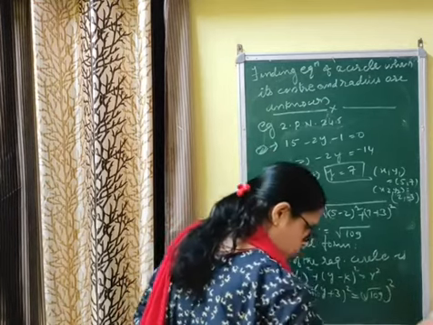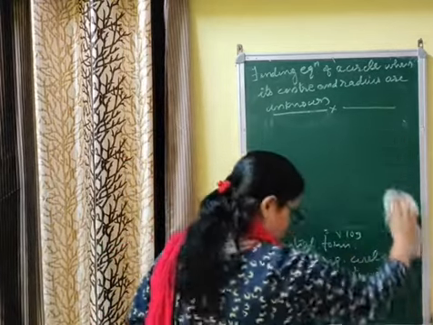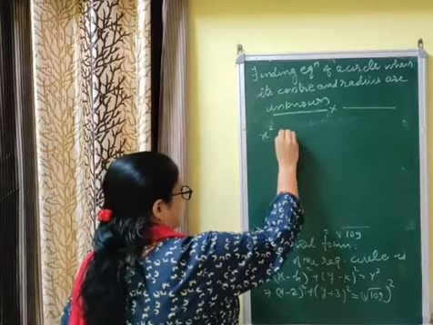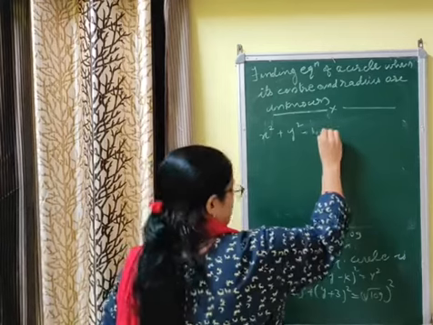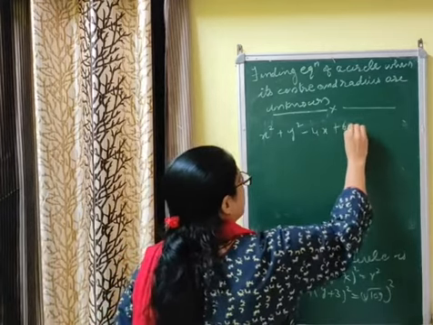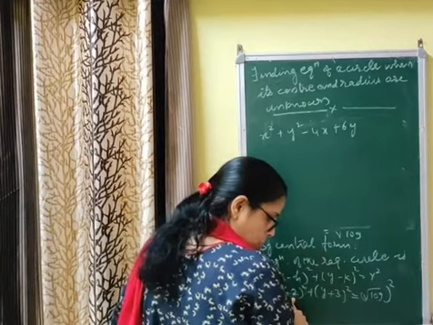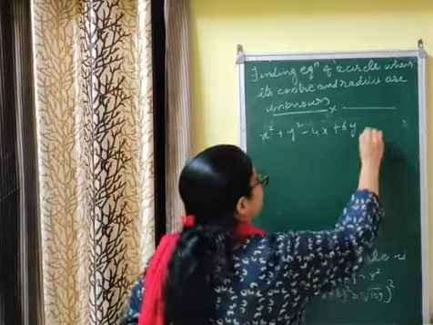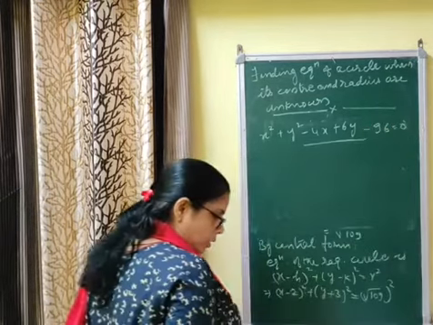Now if you solve it, in order to change to standard form, that is first x as per descending order of degree of variables, x square plus y square minus 4x plus 6y plus 13 minus 109, that is x square plus y square minus 4x plus 6y minus 96 is equal to 0.